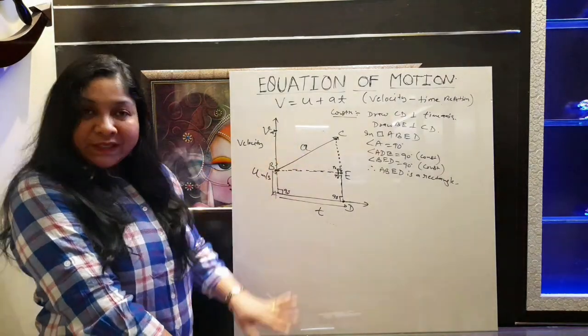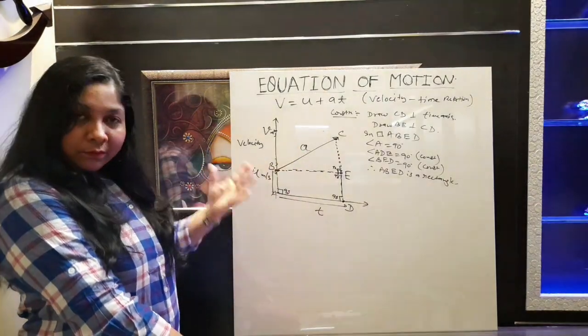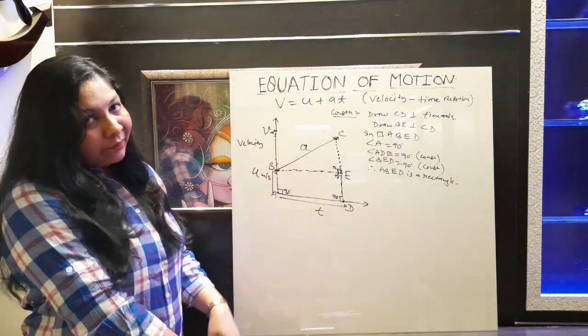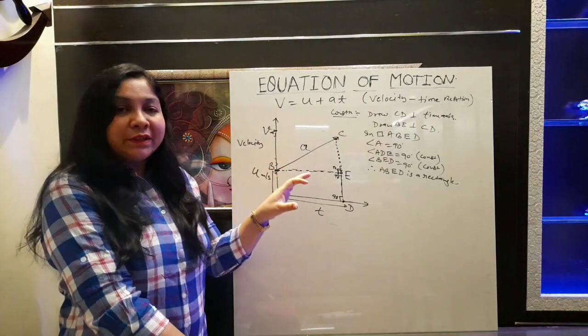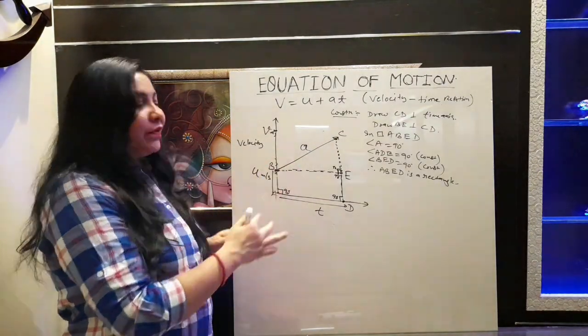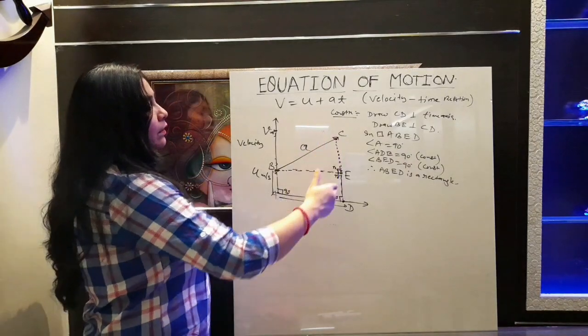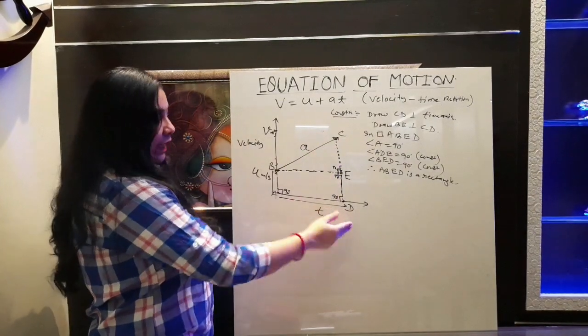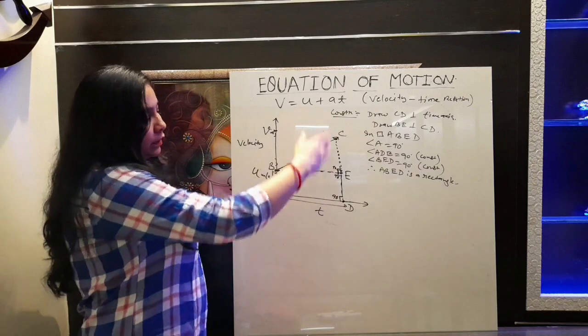Our slope was BC, which we got from the velocity-time graph. Then I covered the slope, because it was an open figure, by making a perpendicular from point C to the time axis and from point B to CD.